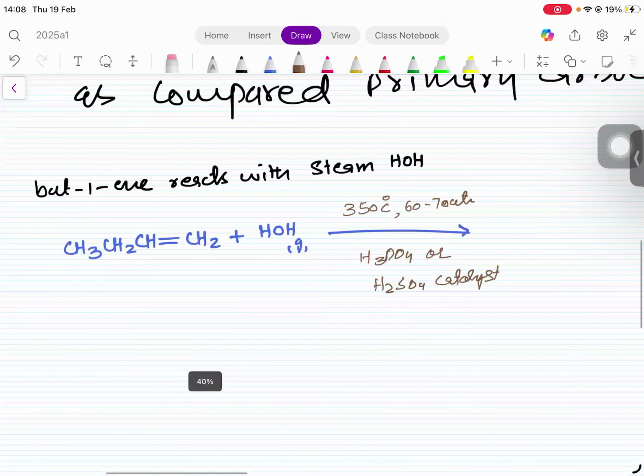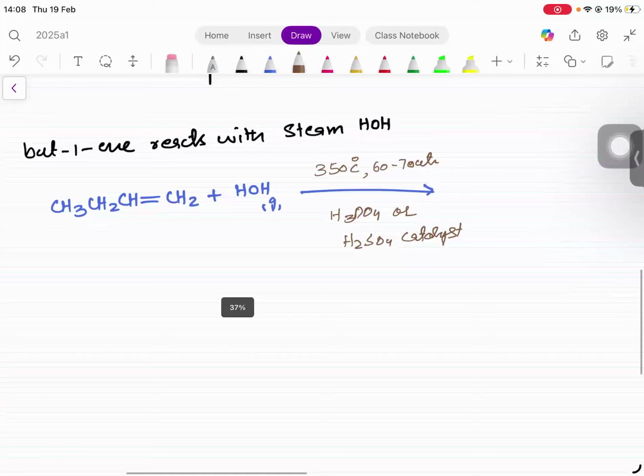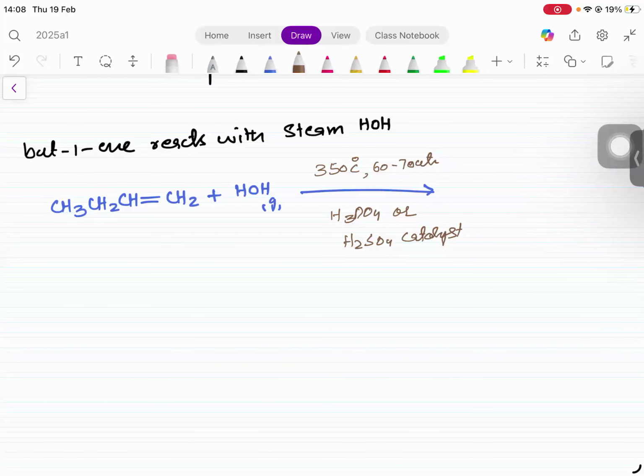Okay, now first you write the product, assign which is major, which is minor, then you write the mechanism. Just, when OH attaches at the terminal it will be minor, and when OH attaches in the middle it will be major.